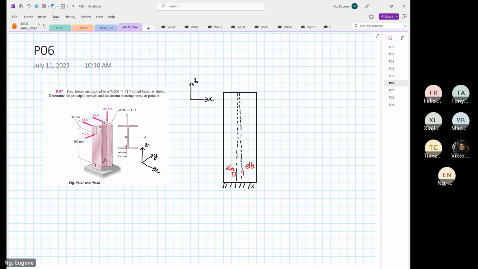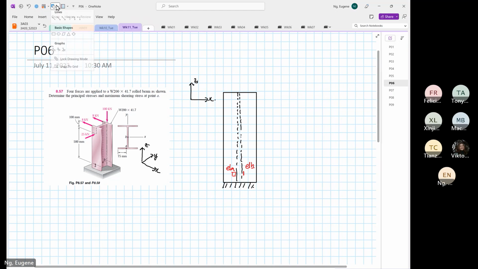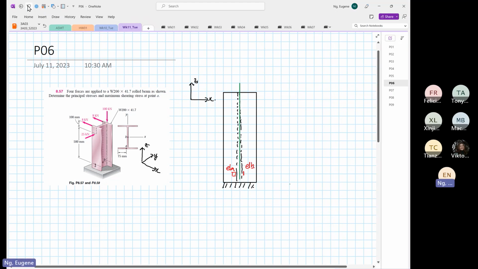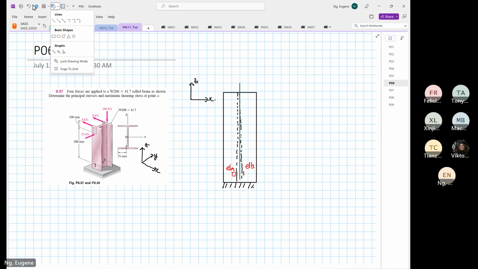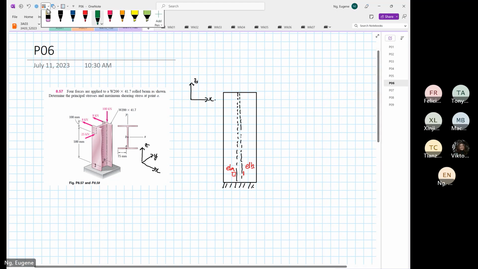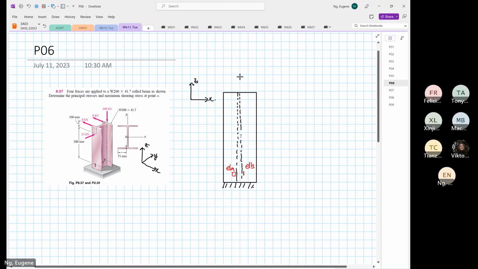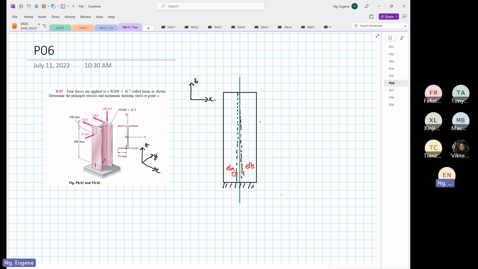Then we have to draw our centroid. So here is our centroid. So from here, we put in our forces.